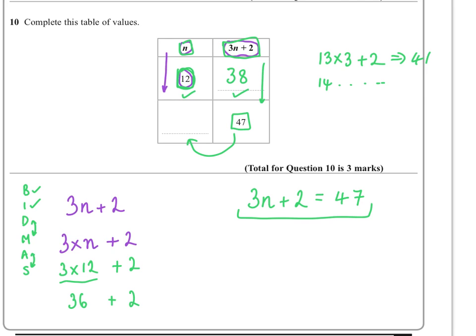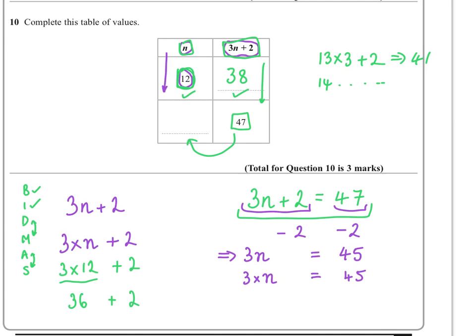But if we look at 3n plus 2 is 47, we can treat it like an equation, and we can take 2 from both sides to begin with, and that would leave us with 3 lots of n is 45. And 3 lots of n means 3 times n is 45.